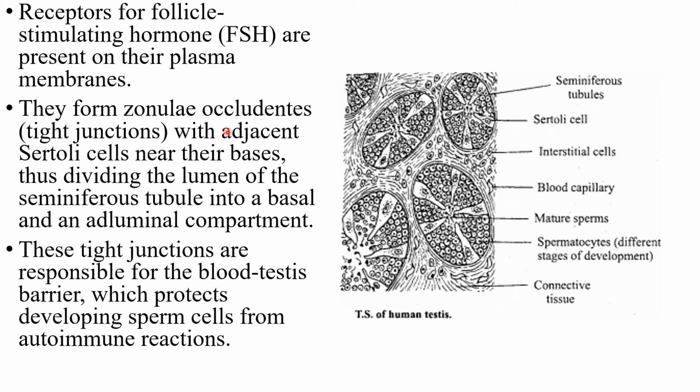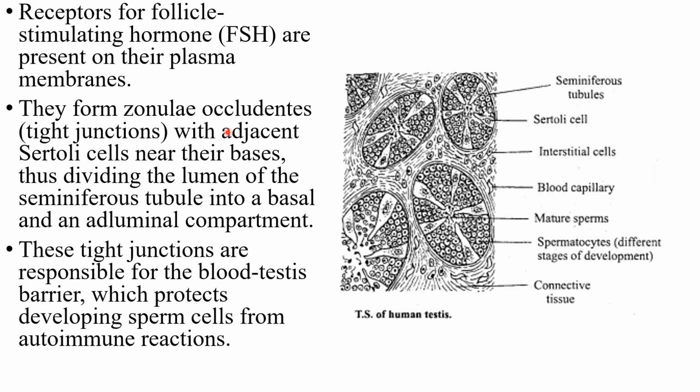The Sertoli cells form zonulae occludens, or commonly called tight junctions, with adjacent Sertoli cells near their bases, thus dividing the lumen of the seminiferous tubule into basal and adluminal compartments.